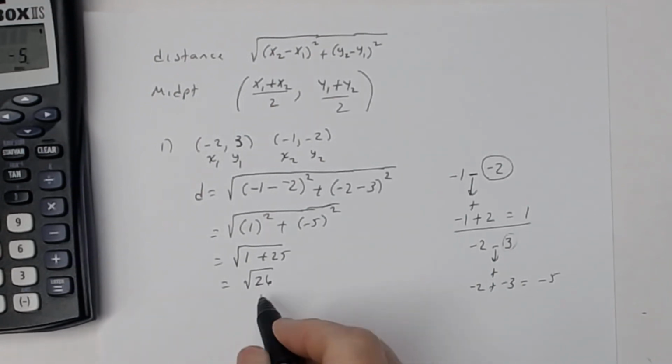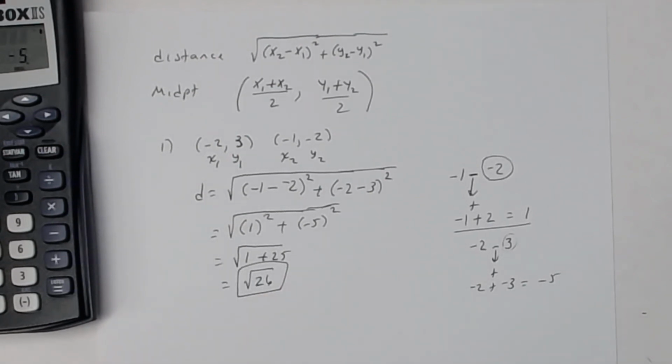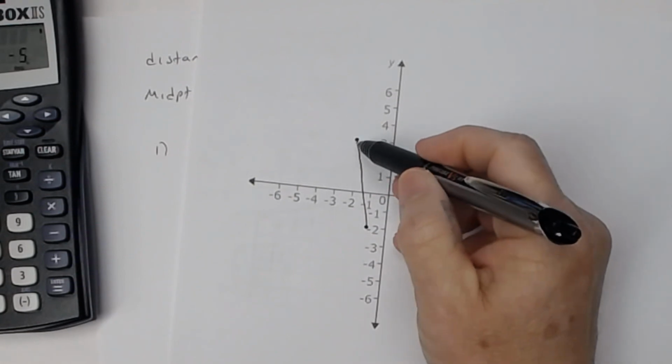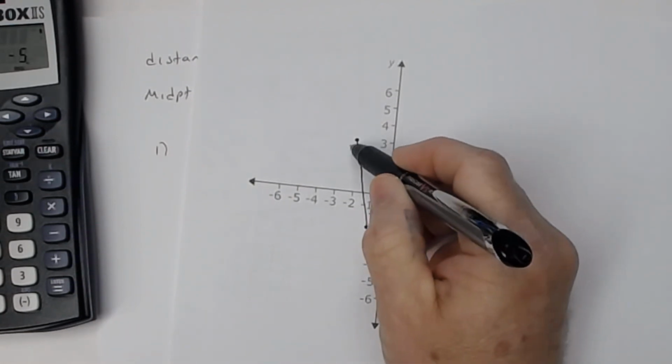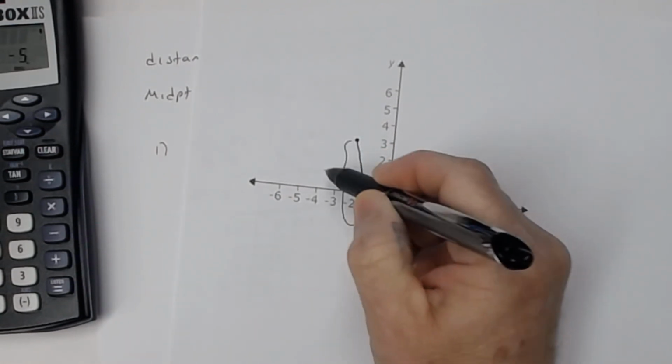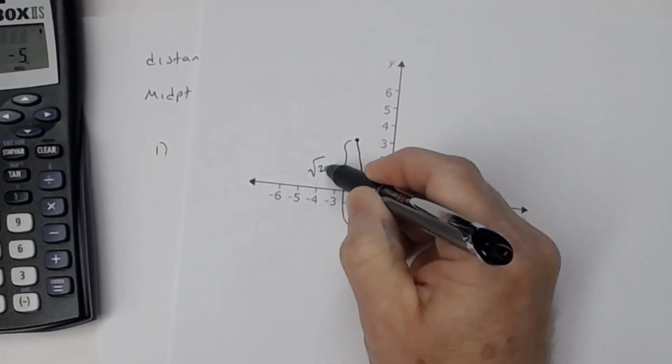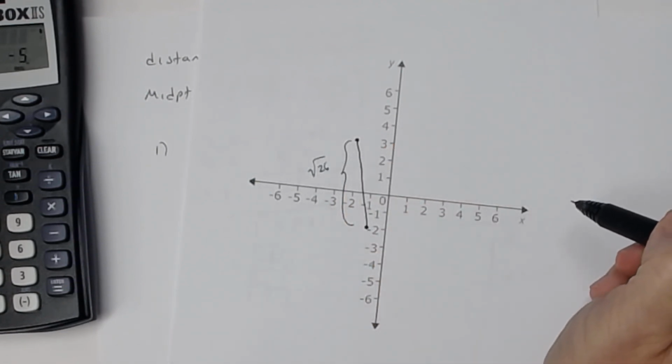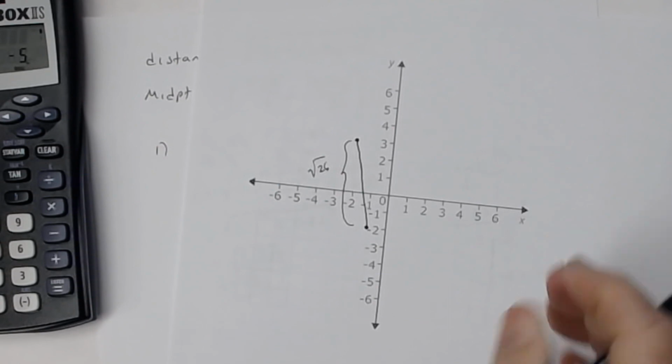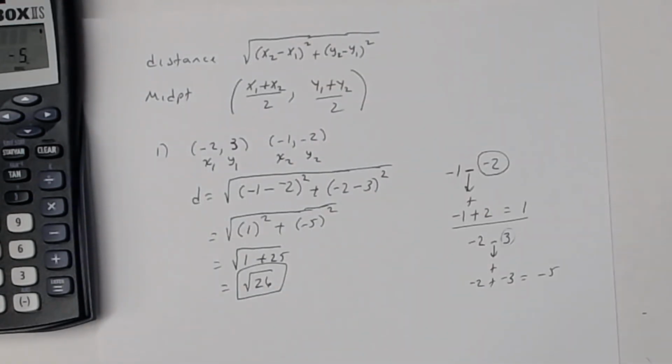So you're done. You cannot simplify this. So there's the distance. So basically what you found is that this distance right here is going to end up being the square root of 26 units, whatever the units are. All right? Okay, so that was the answer to number 1, the distance.